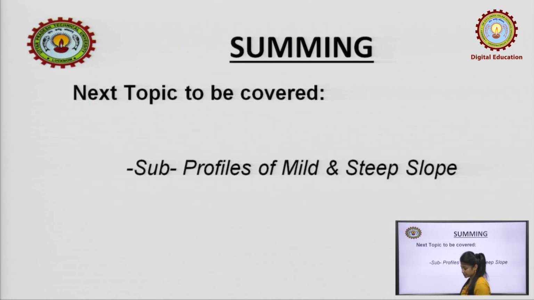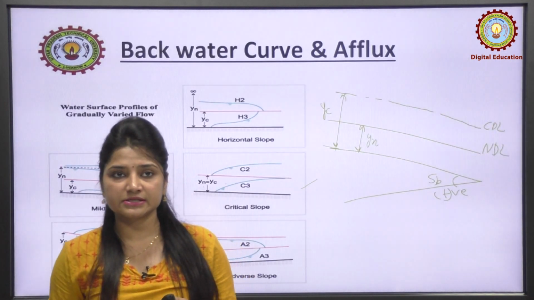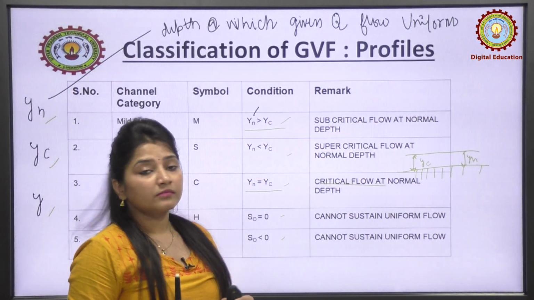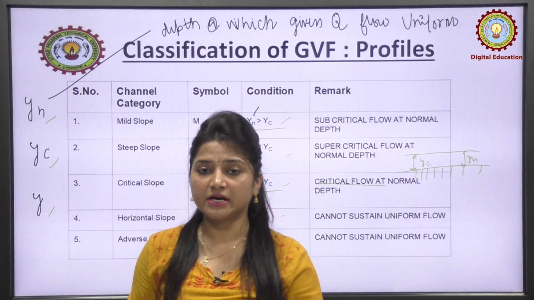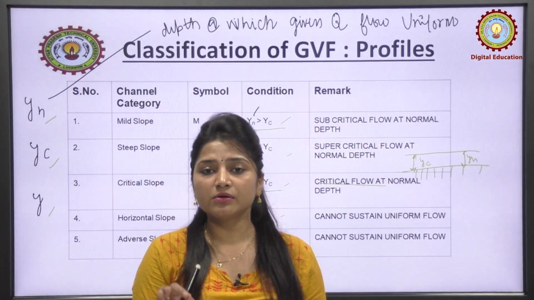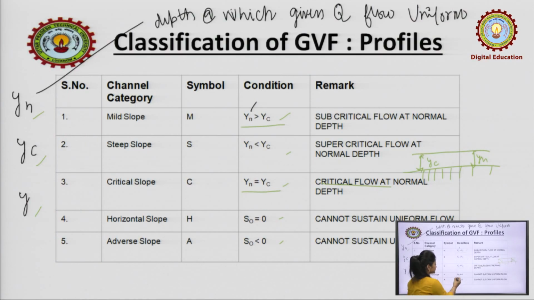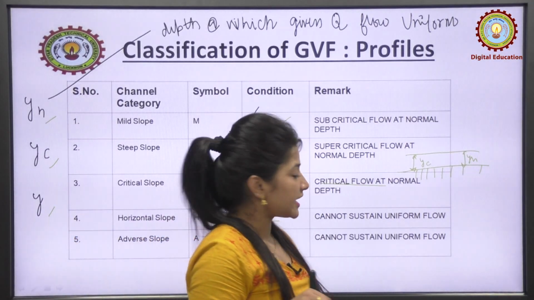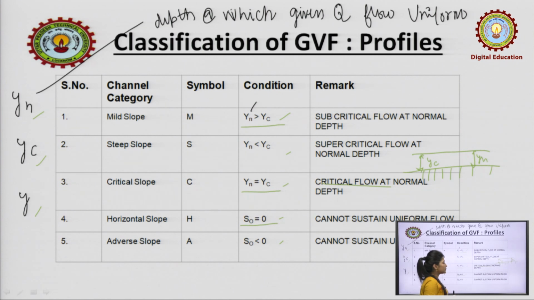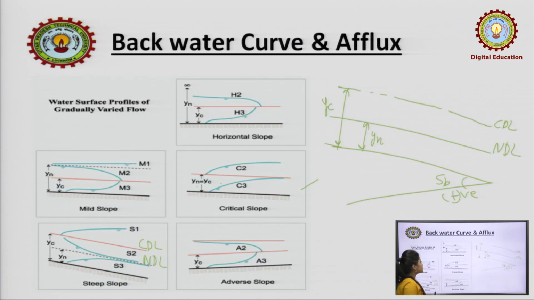Next one is horizontal. What is horizontal? Horizontal means plane, right? Plane means you are having zero slope, slope is 0. A section where slope is 0 in a gradually varied flow can be termed horizontal slope. Here you can see Yn can be infinity and Yc will be according to the channel, and there slope is 0 and we term it horizontal slope.